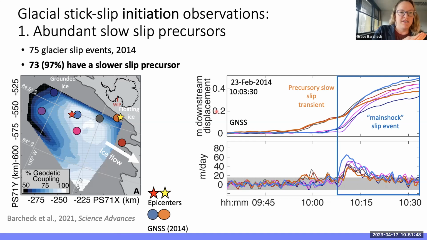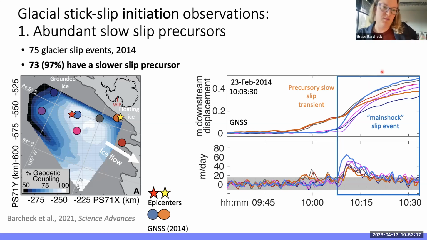These 7 GNSS sites recorded 75 glacier slip events, because remember, there's one every day, sometimes twice a day. And it turns out that almost all of the 75 glacier slip events have some kind of slow slip precursor before the main shock part of the slip event begins.